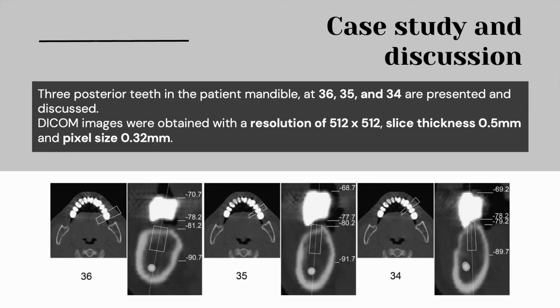There are 3 posterior teeth in the patient mandible at 36, 35, and 34 that are presented and discussed. Diagram images were obtained with the resolution of 512 times 512, slice thickness 0.5 mm, and pixel size 0.32 mm.